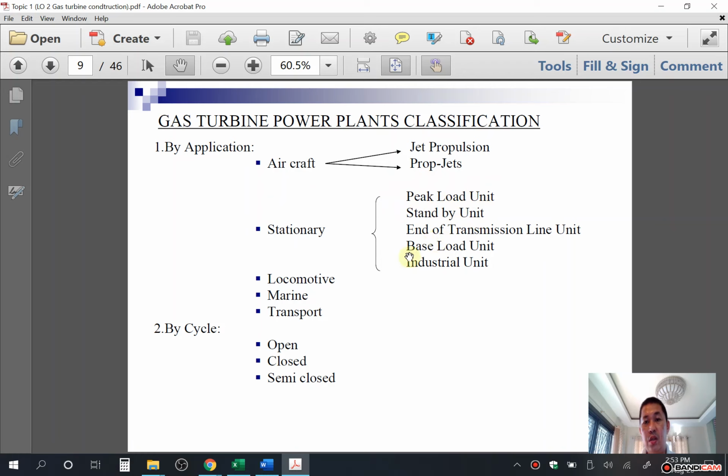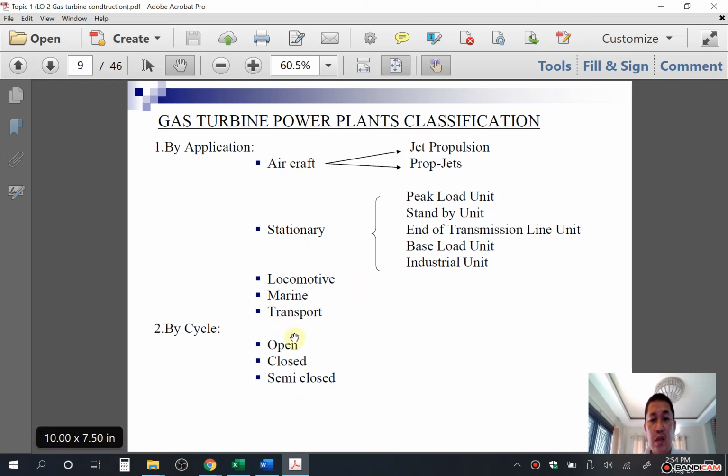This is base load unit, industrial electricity. This is pertaining to electricity generation. Then locomotive and marine, so in the vessel and transport. In the ship, marine, and locomotive, let's say in the train, transport.